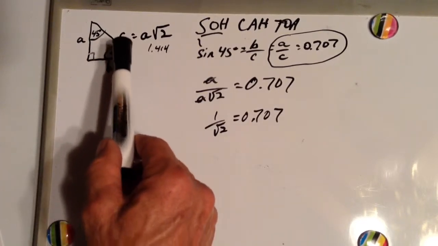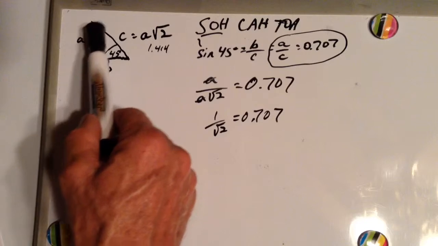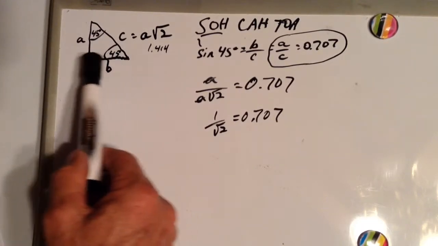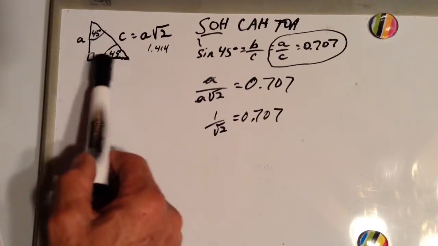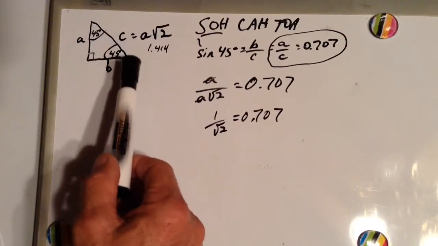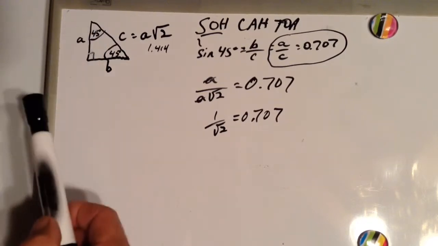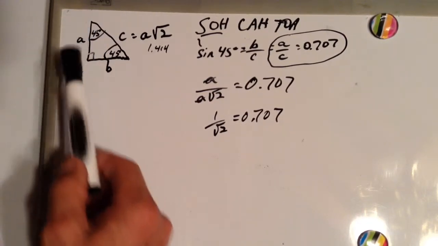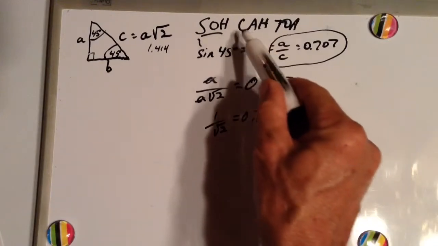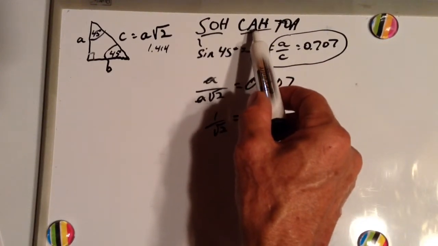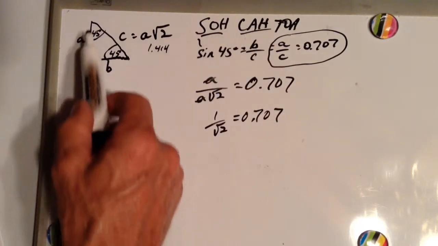Because the sine of this 45-degree angle is equal to the length of the opposite side, side B, divided by the hypotenuse, C. The cosine of this same 45-degree angle is equal to the length of the adjacent side. Remember SOHCAHTOA. Cosine equals the length of the adjacent side divided by the hypotenuse.